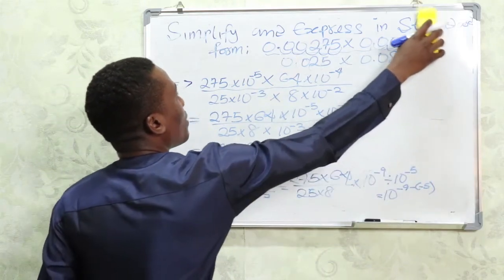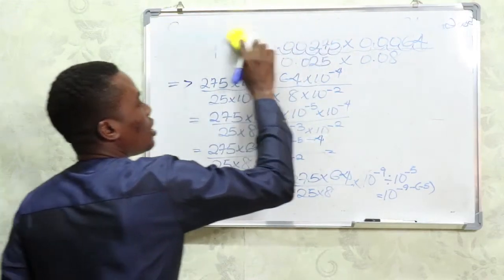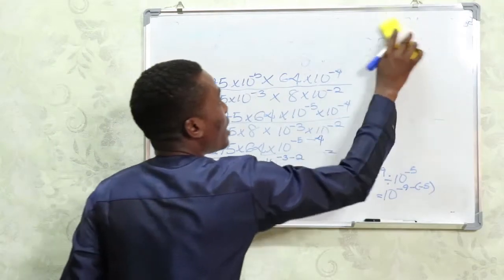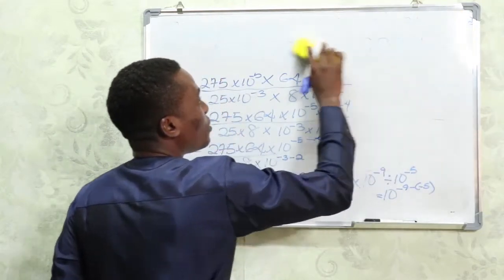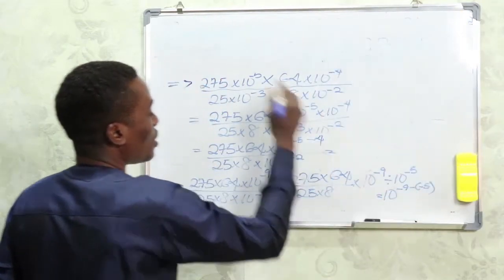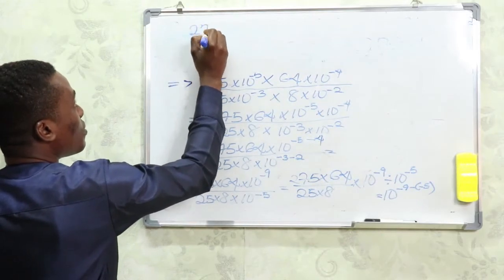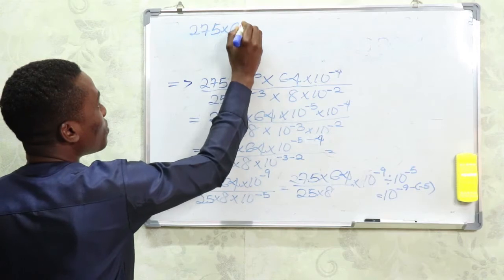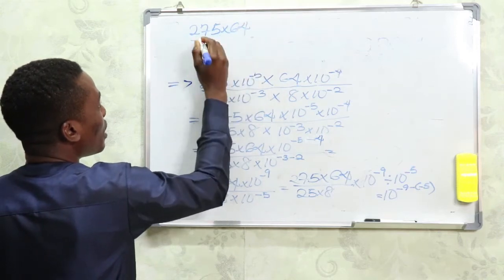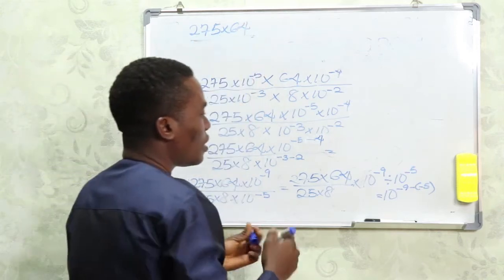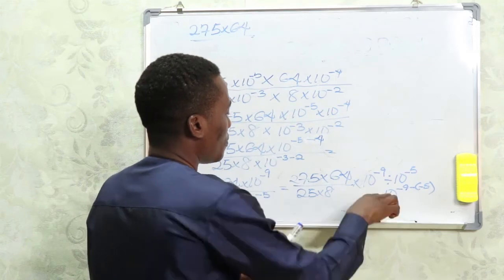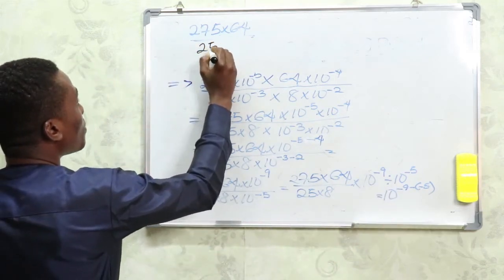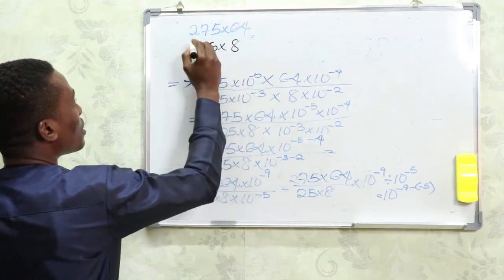If we want to simplify this further, it will give us a value which I want us to look into now. We're going to have 275 times 64 divided by 25 times 8.